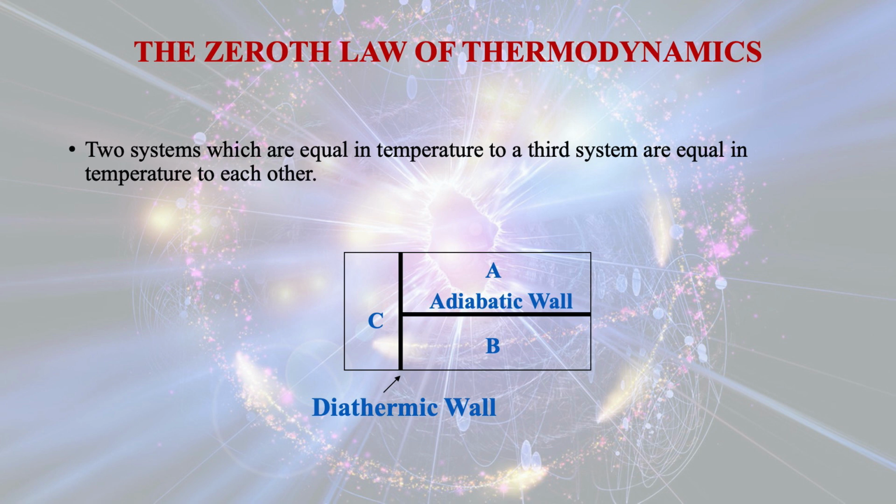So from this diagram you see that there may be a heat transfer between A and C, and there may be a heat transfer between B and C. Now if A and B are each in thermal equilibrium with a third system C, then A and B will also be in thermal equilibrium with each other. So this is a very important law, we call it the zeroth law of thermodynamics. This law is the basis for the measurement of temperature.